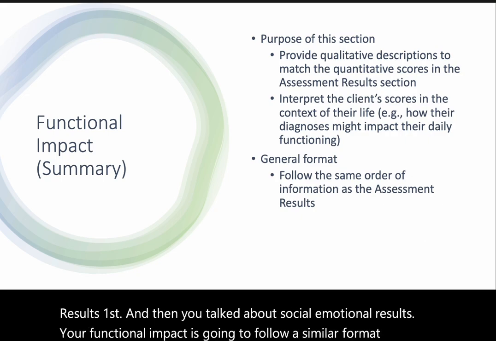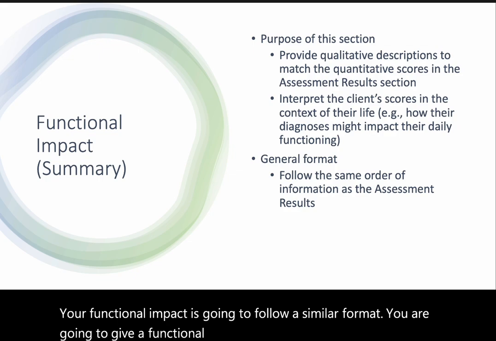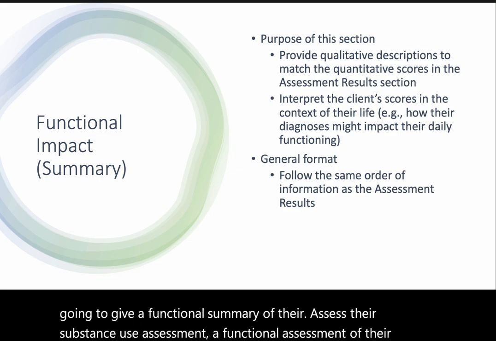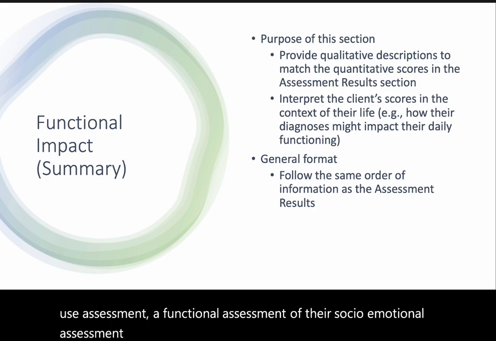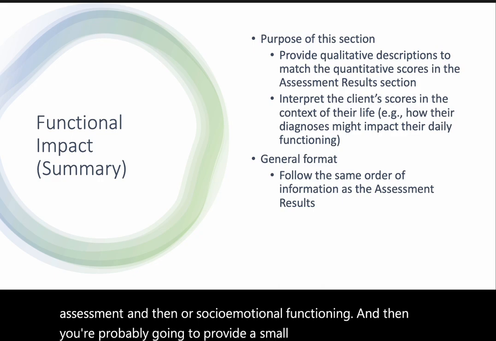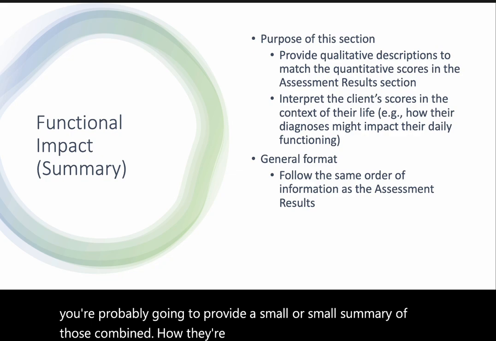You are going to give a functional summary of their substance use assessment, a functional summary of their socio-emotional functioning, and then you're probably going to provide a small summary of those combined, how they're integrated with one another.